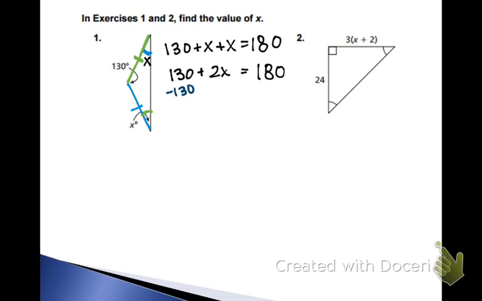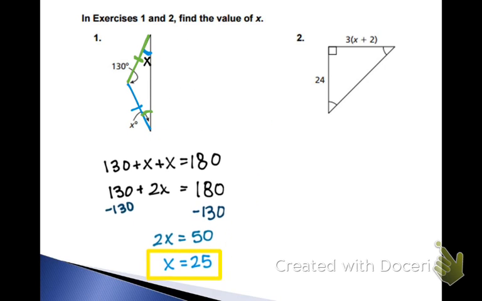Subtract 130. And 2X equals 50. Divide by 2, and X equals 25. Questions, comments, concerns?